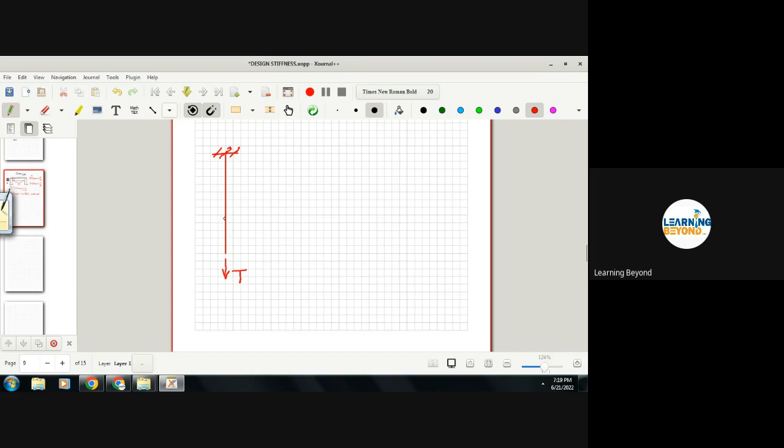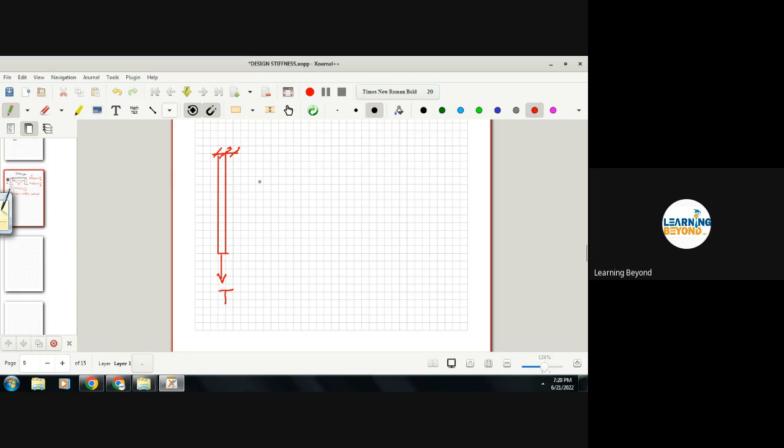Let me just draw. So what will happen if you apply any force here? Definitely it is a tension force, because this will lengthen it. So it will extend.